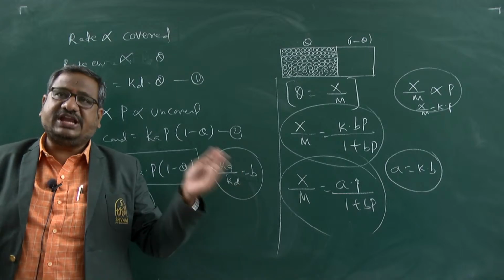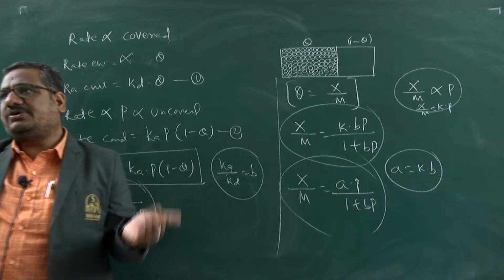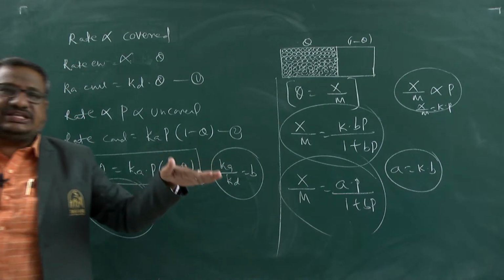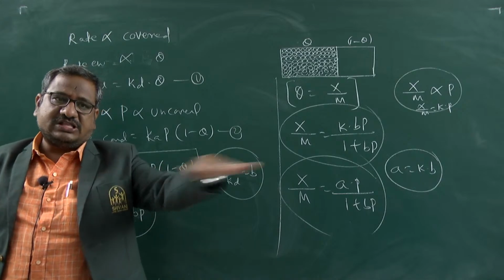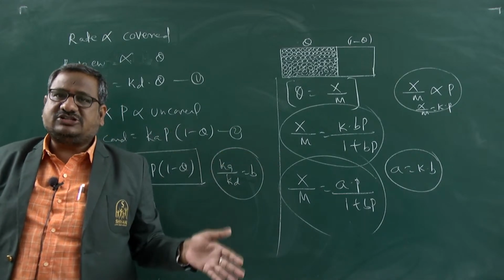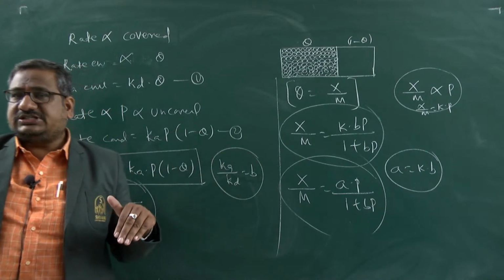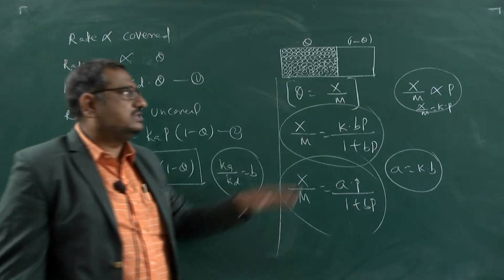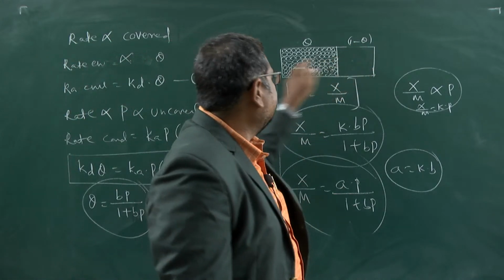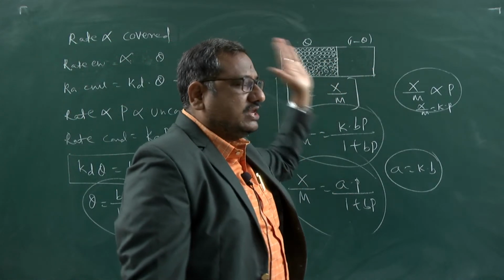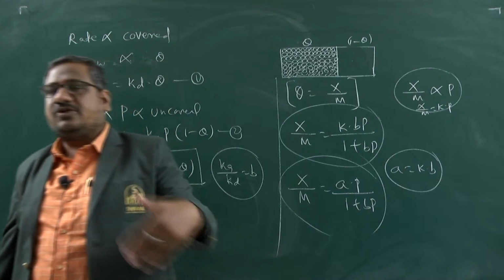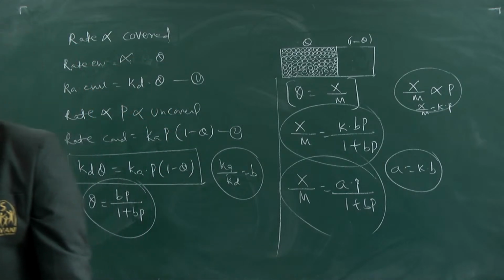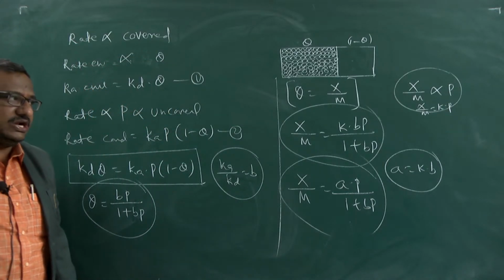But in Langmuir, whether you create high pressure or high temperature, it forms only a single layer. After the completion of the whole surface layer, no further adsorption takes place. Adsorption continues only after desorption: if all the area is covered, then the first molecules are ejected out, and only then will the adsorption rate be enhanced. That phenomenon is called Langmuir adsorption.